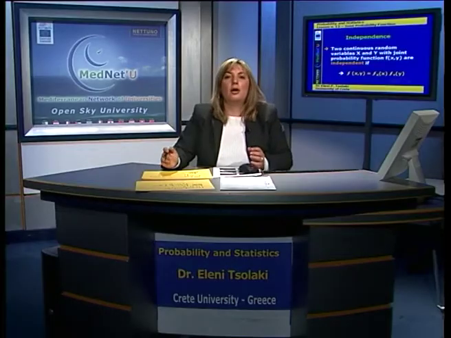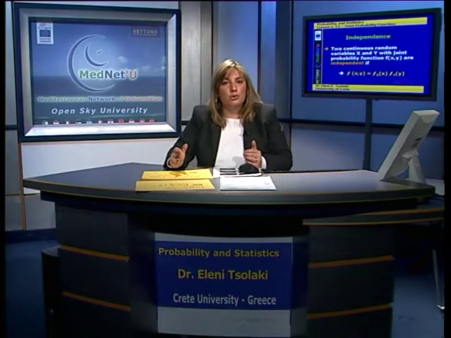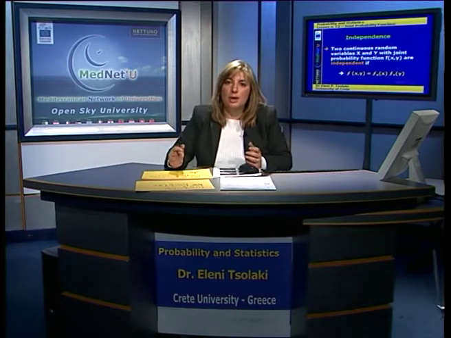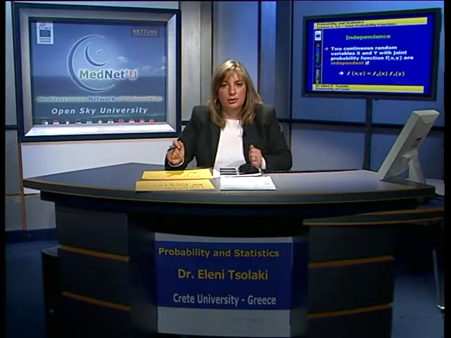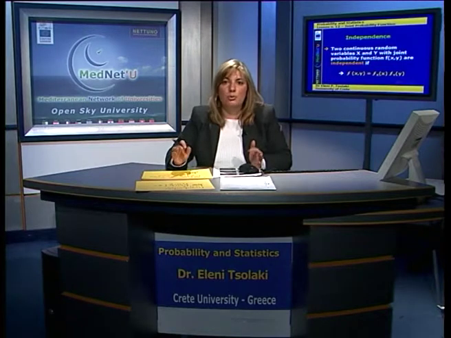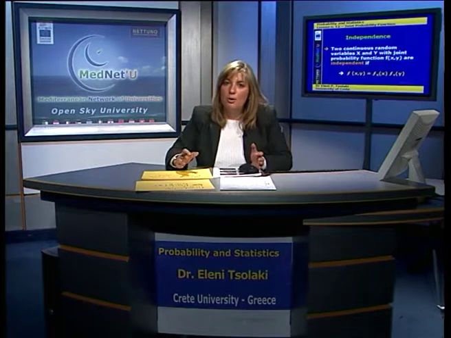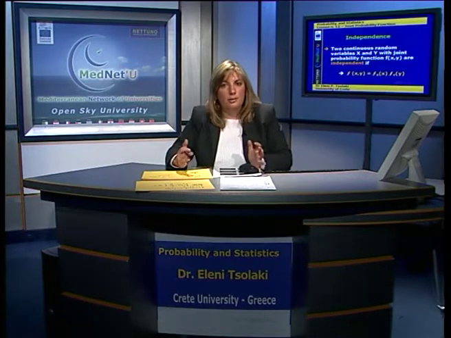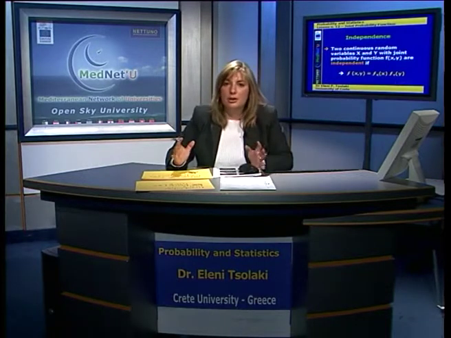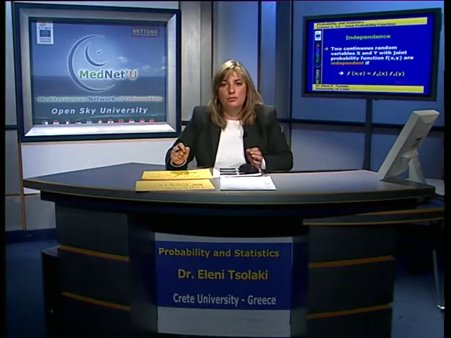Now, for this example, it was a very simple example. We could visualize what the probability density function is. For more examples with two continuous random variables, it is very difficult to draw a graph to have a picture of the joint distribution function. In any case, we can use the joint distribution function in order to calculate the marginal ones for x and y.